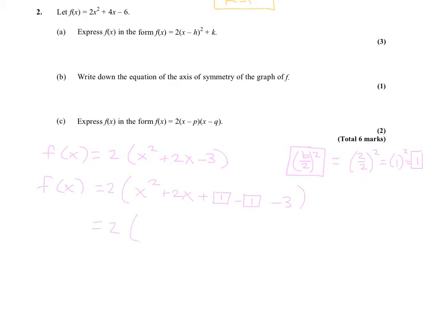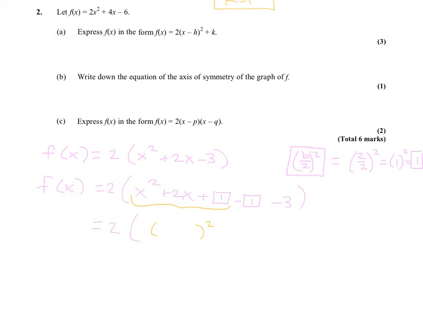Okay? Now, the reason that this helps us is because we can take this trinomial, and it's a perfect trinomial, and so we can go ahead and factor it into a perfect square.